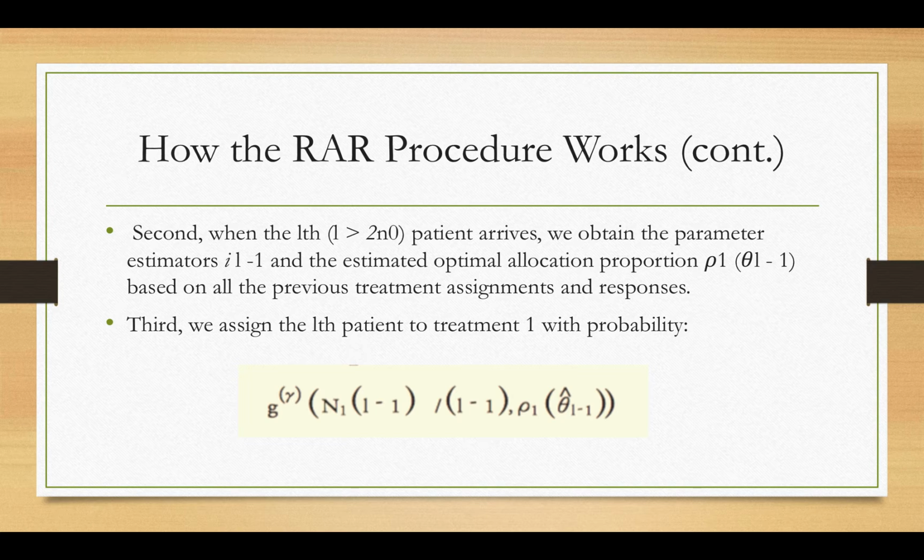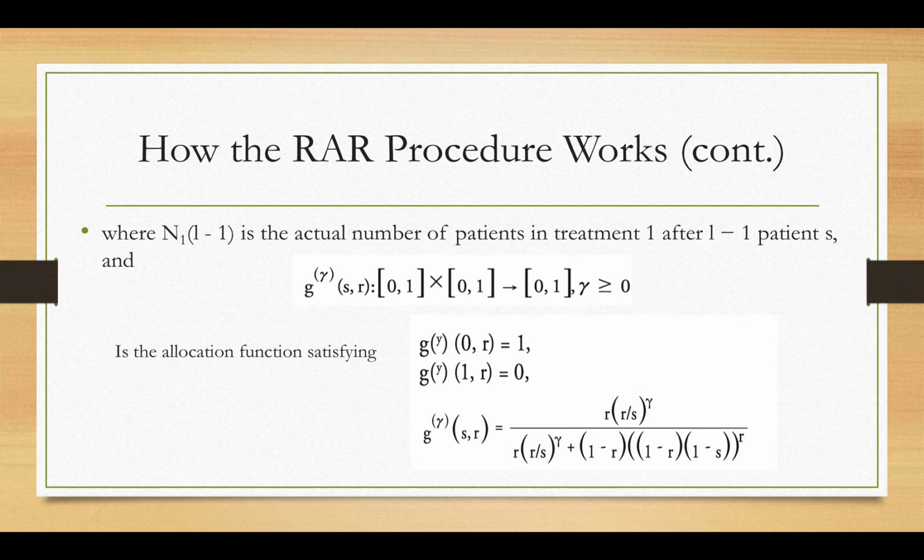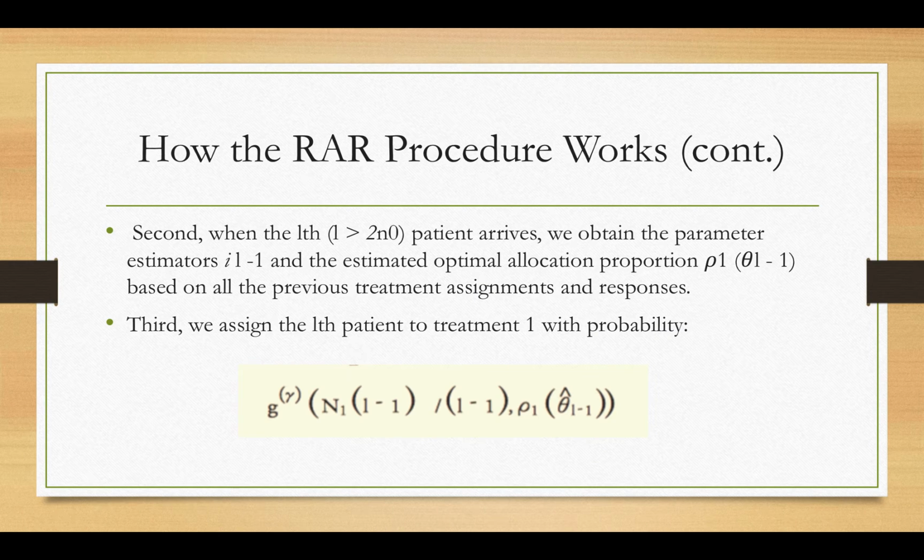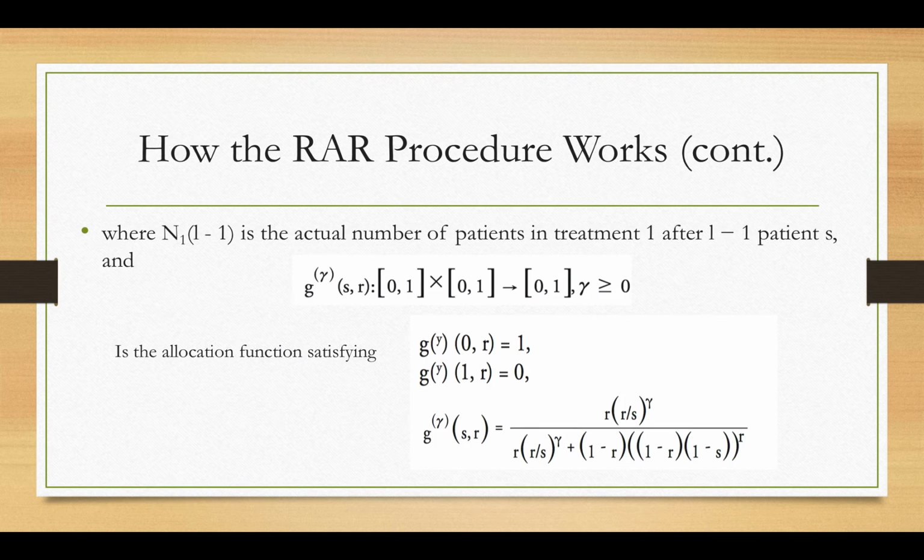Third one, we assign the L-th patient to treatment 1 with the following formula to calculate probabilities. And then the N1 of L minus 1 in the previous formula is the actual number of patients in treatment 1 after the 1 is subtracted from L patients.